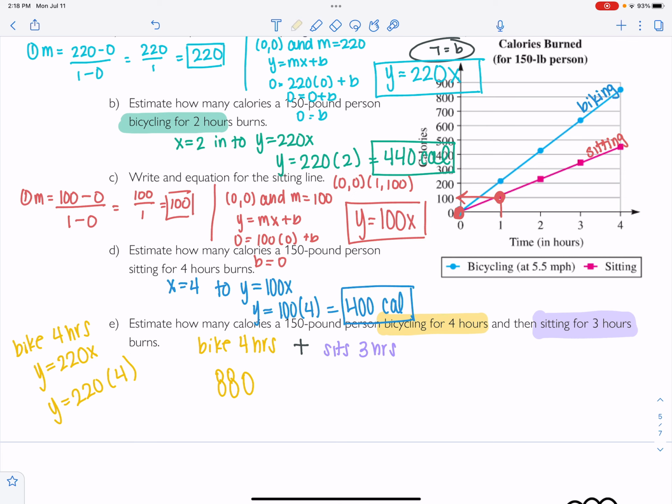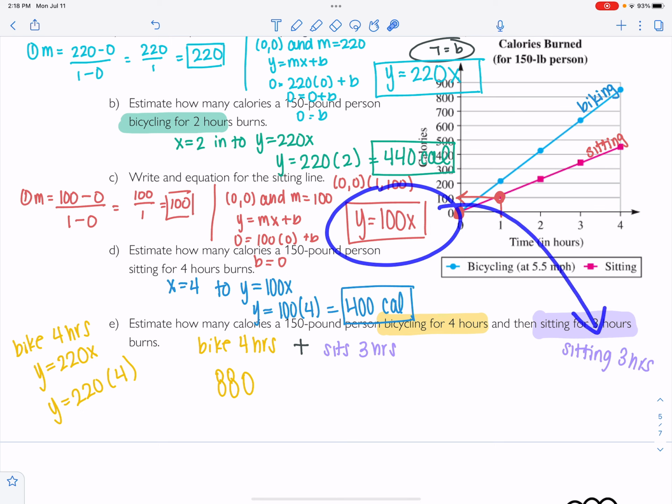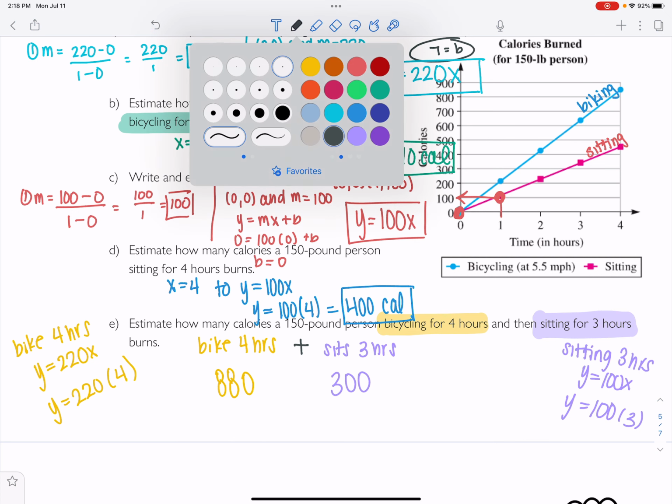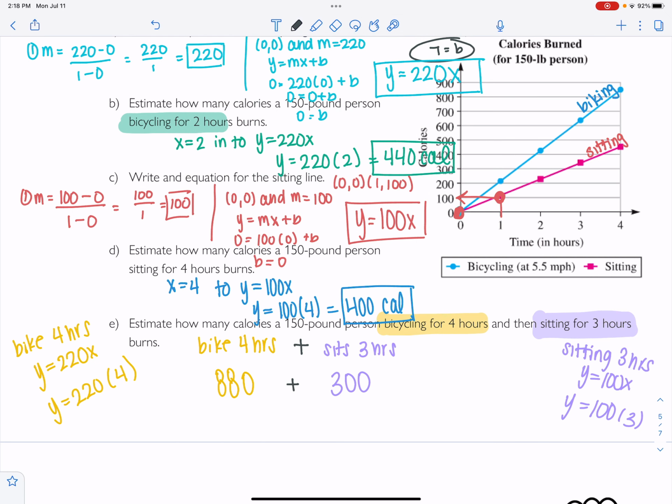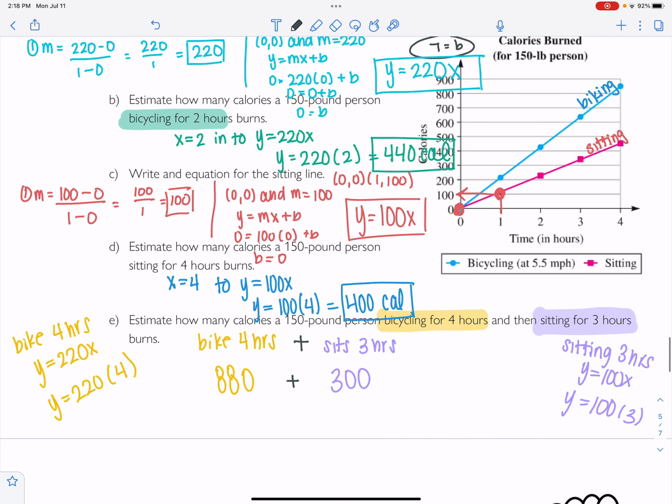And then sitting for 3 hours, I'm going to use my sitting equation, y equals 100x. And so 100 times 3 is going to give me 300 calories burned. Add those two together, and so I will get a total of 1,180 calories burned after doing those things back to back.